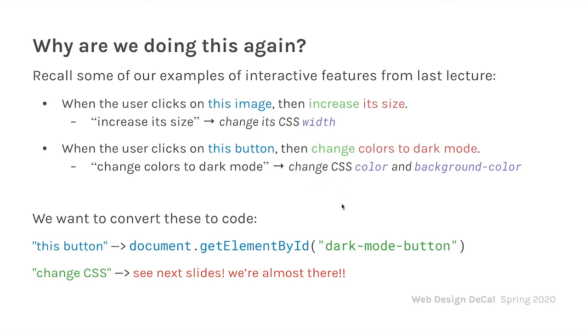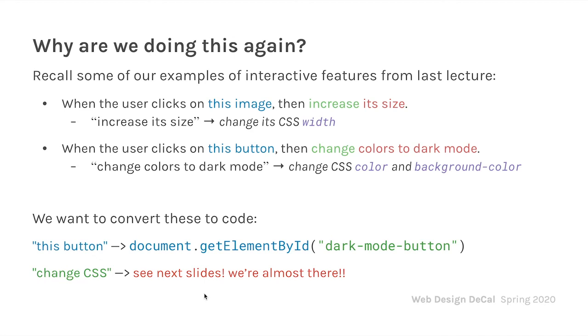We have to have a way of telling the web browser which element to do this to. And that's why this getElementById function is super important, and we're going to be using it for the next few weeks in homework and lab, because this is really the beginnings of creating these interactive features. And as you can see, this next part about changing CSS is going to be in the next slides.